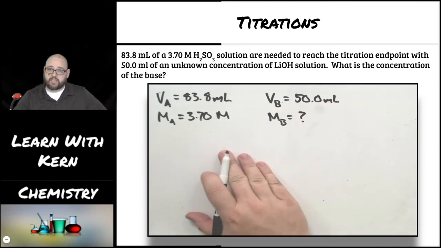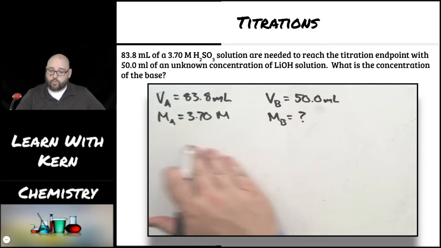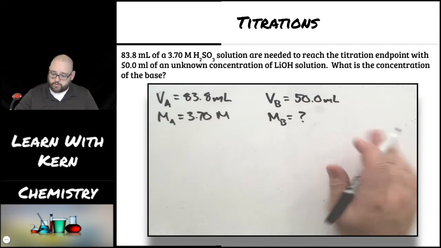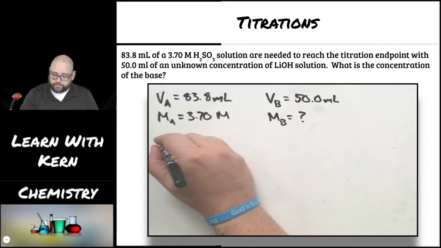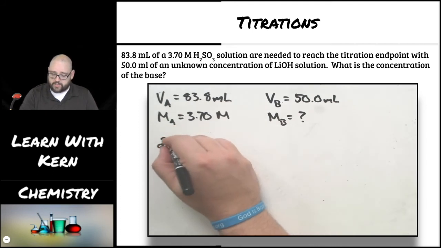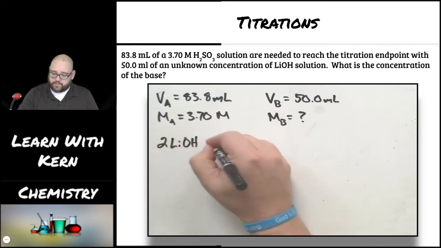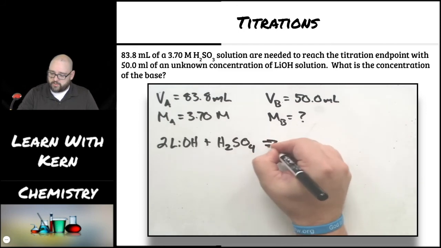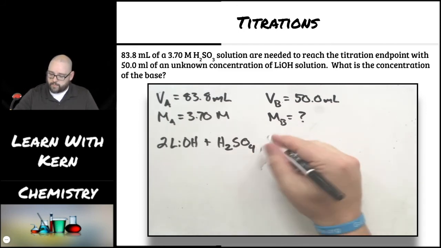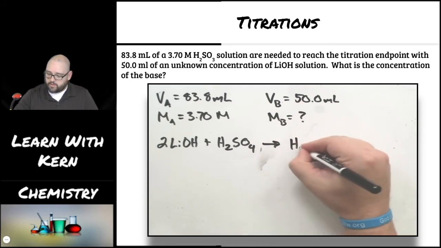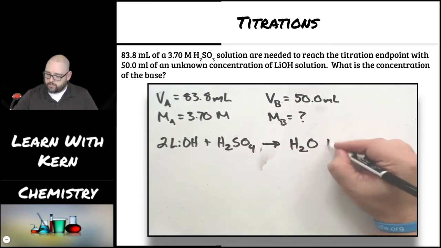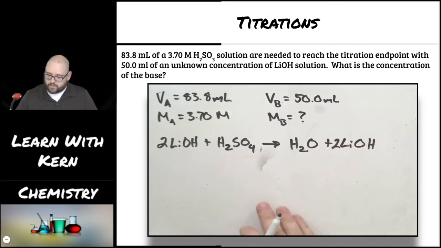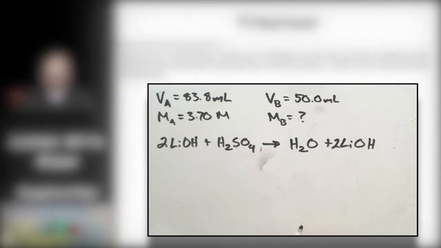Now, as you saw in the previous example, we have to have a balanced chemical equation for our neutralization. So we have our neutralization reaction of 2LiOH plus H2SO4 will yield, that's an arrow, not an equal sign, our equation like this.